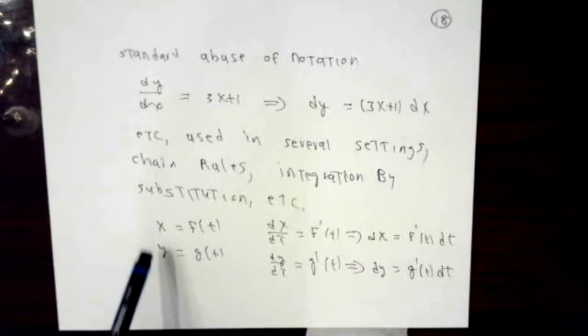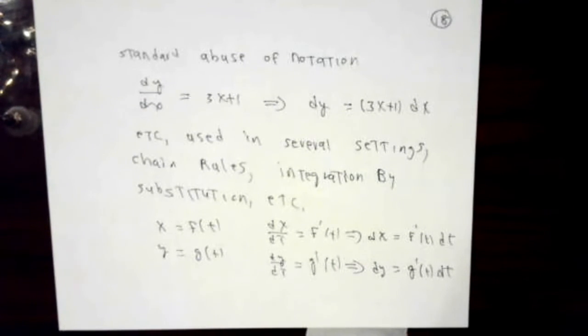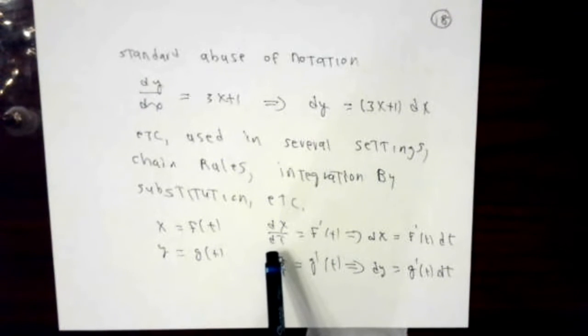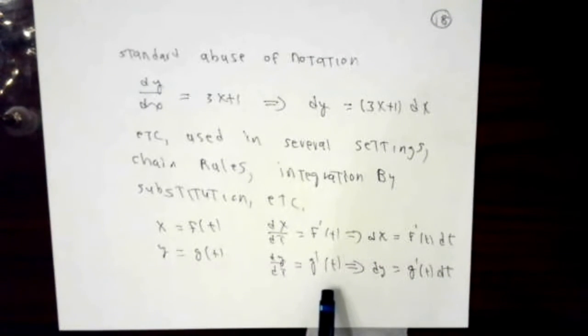Likewise, if I have x and y as functions f of t and g of t, the derivative of x is f prime, the derivative of y is g prime. We will have the standard abuse of notation.